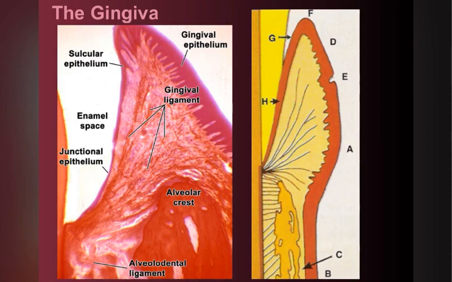This binds the first part of the attached gingiva to the enamel. The top part of the gingiva is the free gingiva, and it's lined by sulcular epithelium, and the sulcular epithelium is thicker and has raised ridges.